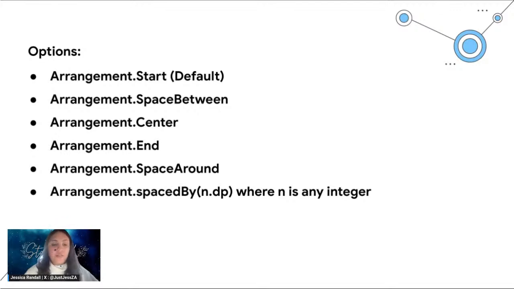You can also have arrangement dot space between, arrangement dot center, arrangement dot end, arrangement dot space around, and then you can also specify how much you want the items to be spaced by. That's why I said arrangement space by n dp, where n is any integer that you would like it to be.